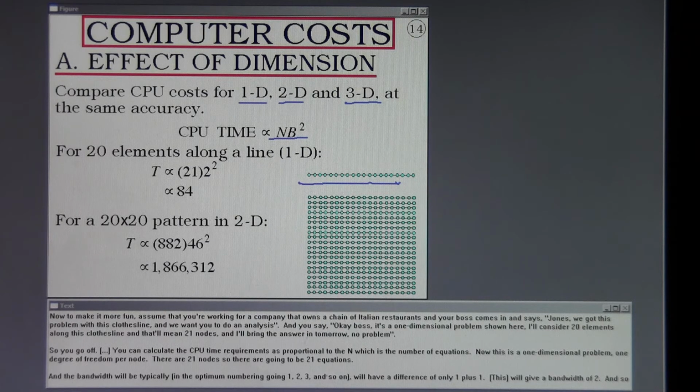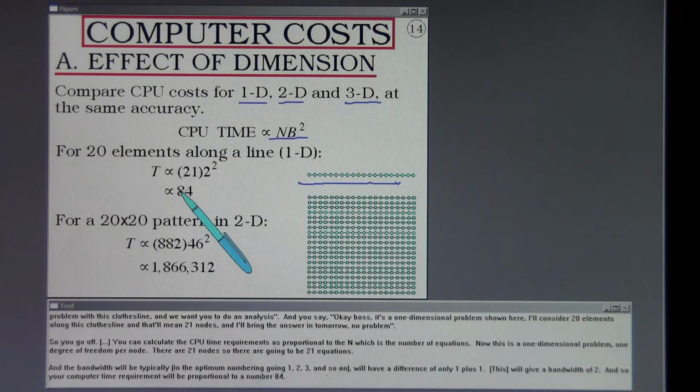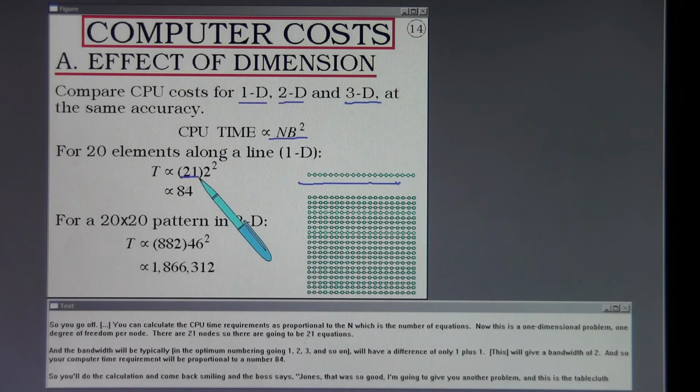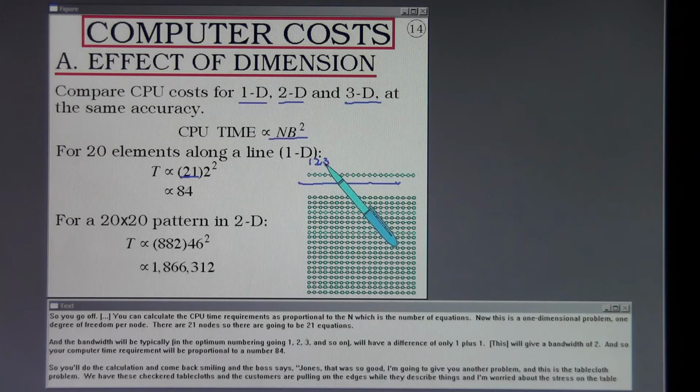So you go off and you can calculate the CPU time requirements as proportional to the n, which is a number of equations. Now this is a one-dimensional problem, 1 degree of freedom per node. There are 21 nodes, so there are going to be 21 equations. And the bandwidth will be typically in the optimum numbering, going 1, 2, 3, and so on.